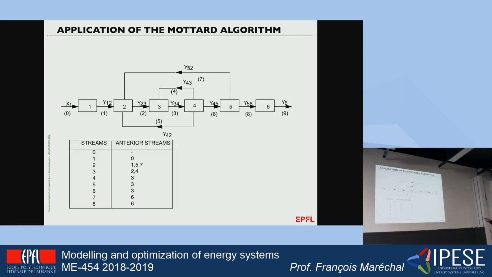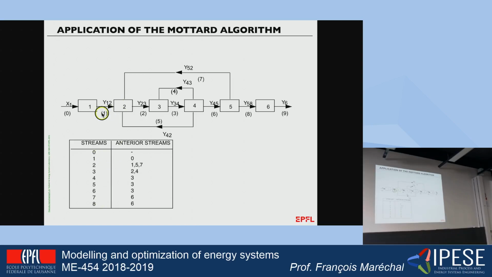Okay, so let's take this example here. So it's a process which has a set of units, 3 loops. Okay, and the question is, what is the sequence to solve this problem? So I'm going to mark all the streams. Well, here is the list of all the streams. And I'm going to look at who is needing who.